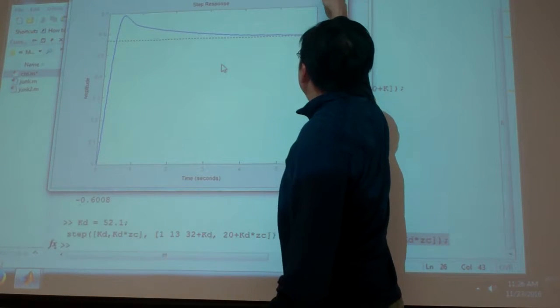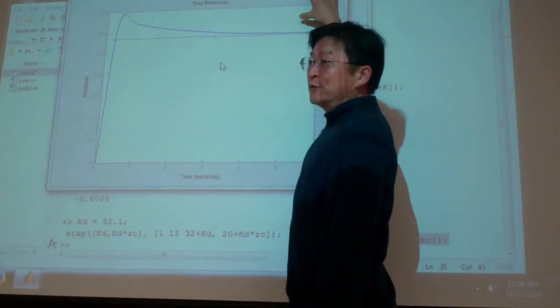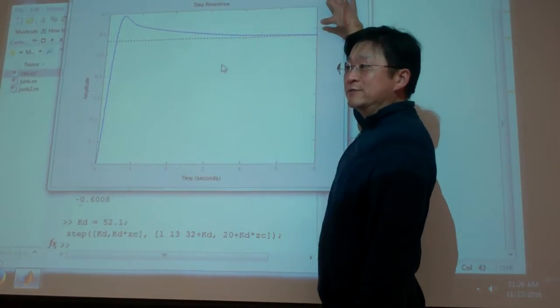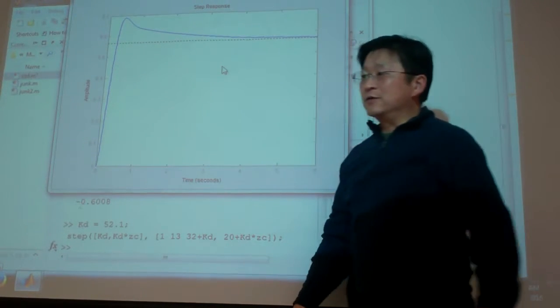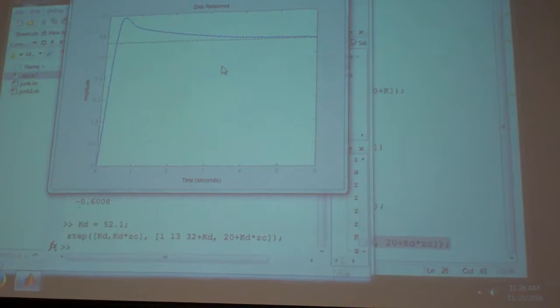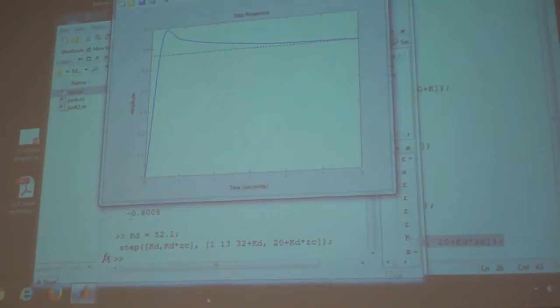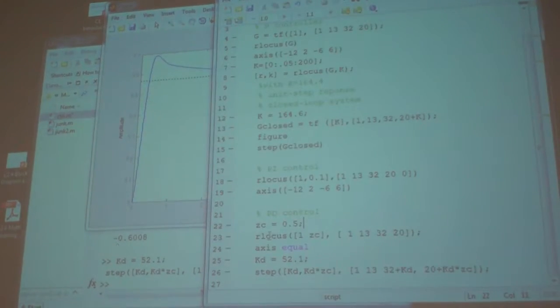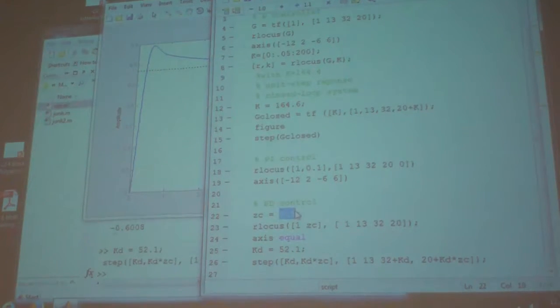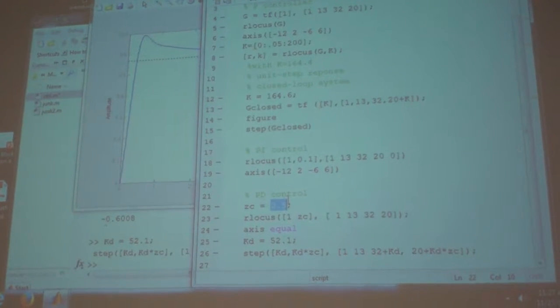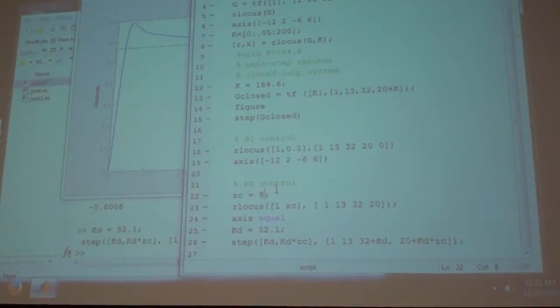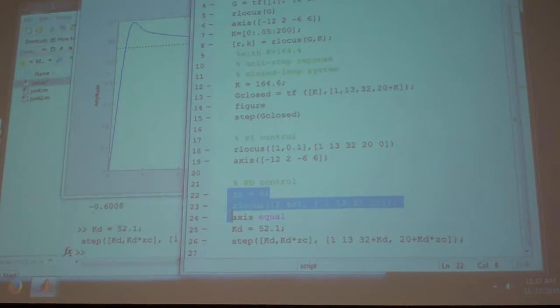So you can see for this option we have quite a huge steady state error, right? So you can try to play around. Maybe we can do this one more time. We can try another one, with this equal to 8, to see what happens.